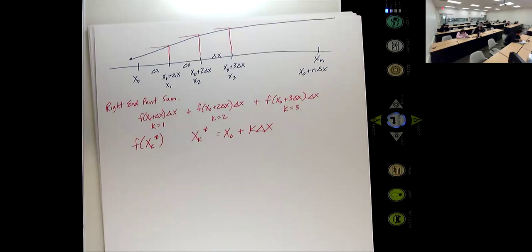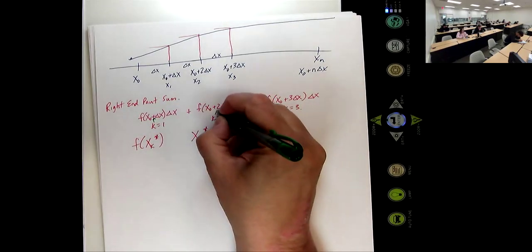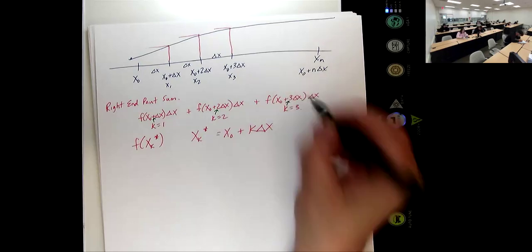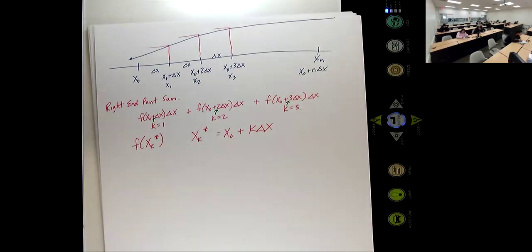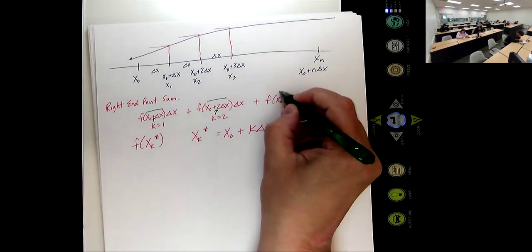Does that make sense? Notice this is k equals 1, k equals 2, k equals 3. I'm trying to rename each of these things.